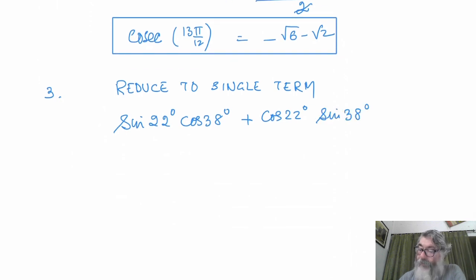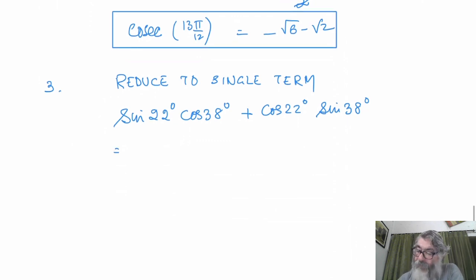If you look at this, sin A cos B plus cos A sin B. In place of A, I have 22, in place of B, I have 38. So sin A cos B plus cos A sin B will convert to sin A plus B, sin 22 plus 38.